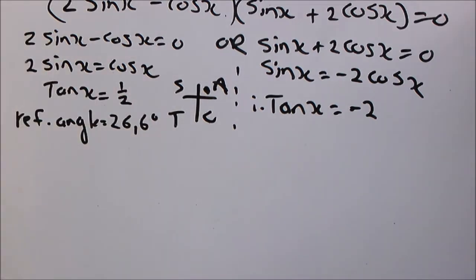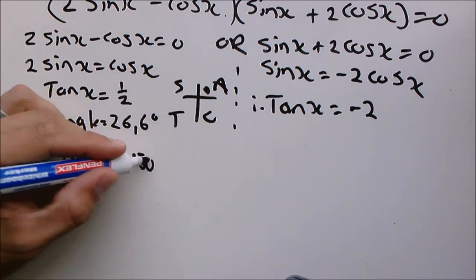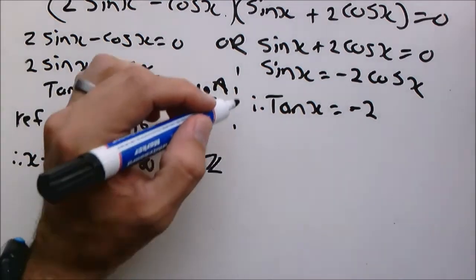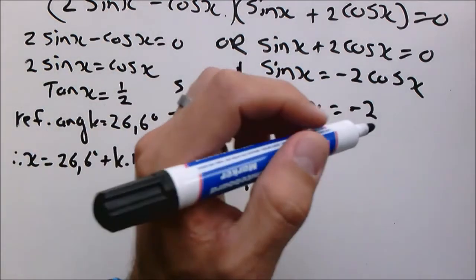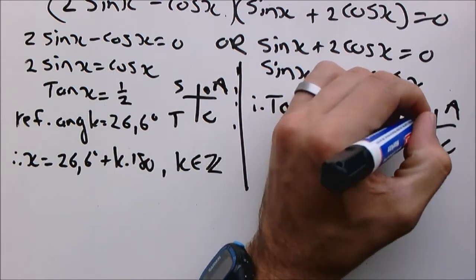It's only in the first quadrant, therefore x equals 26,6 plus k 180, k element of z. Okay, on the right hand side it's negative, so for our cast diagram we're only working in the second quadrant.